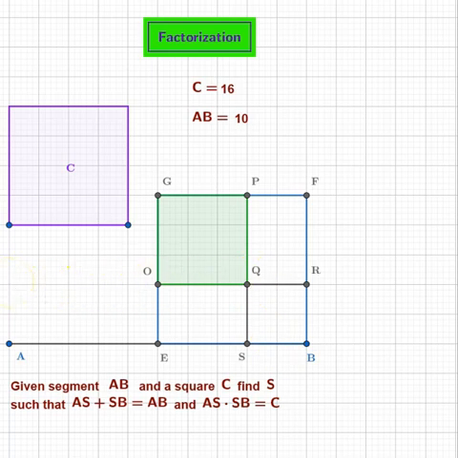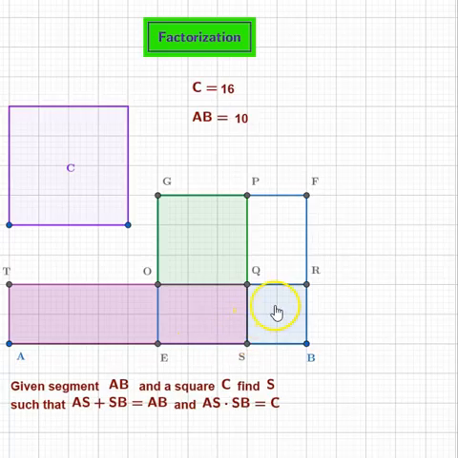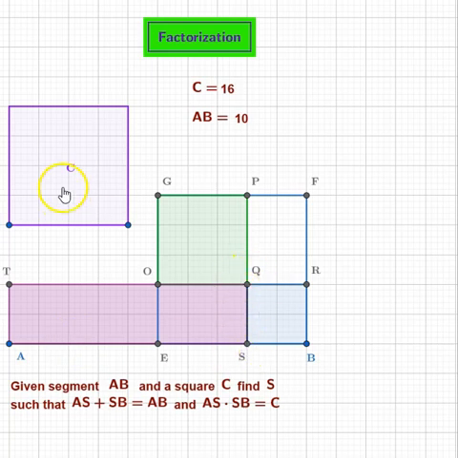Let's mark this as T. This is a square, and you will notice that this rectangle is equal to C. What is the area of this rectangle? That is AS times SQ. But SQ is equal to SB because there is a square. So we can say the area of this rectangle is AS times SB, which is equal to C.